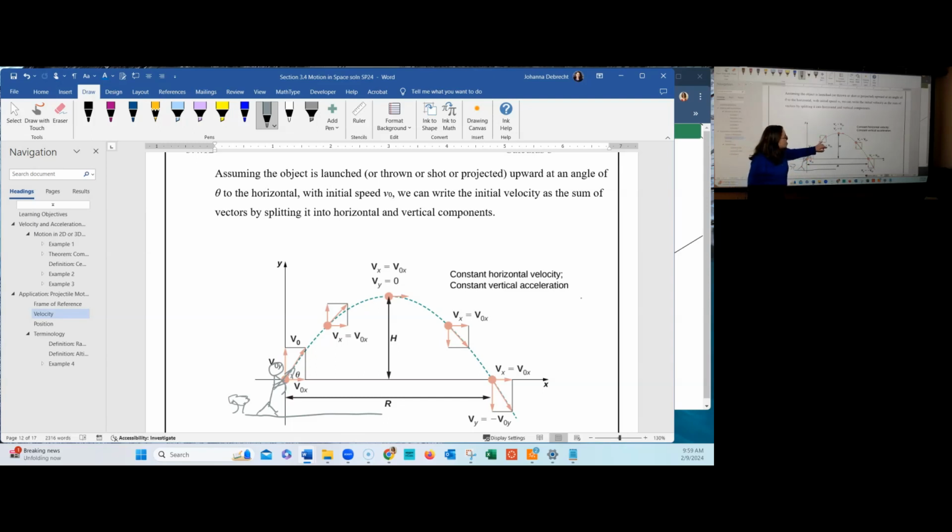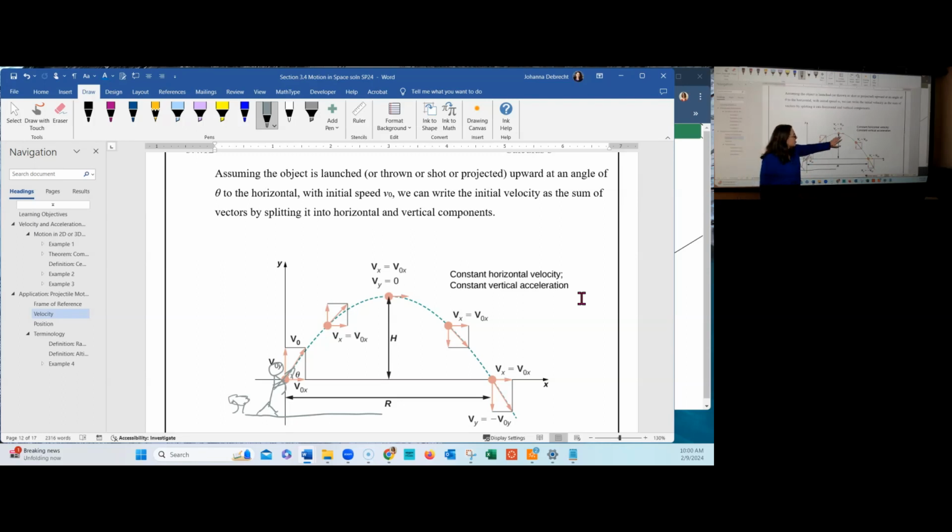At any point along the arrow's path, you can see that the arrow goes up, reaches a maximum where it hangs for a moment, not actually moving at that one instant in time, and then begins to fall back to the ground. It's following a parabolic path. At any point along the trajectory, we can split the velocity vector into a horizontal and a vertical component.